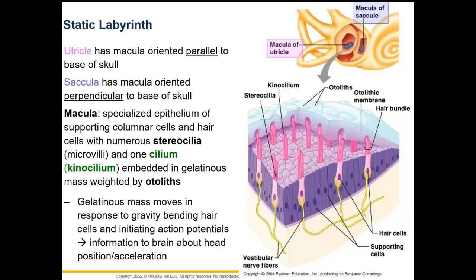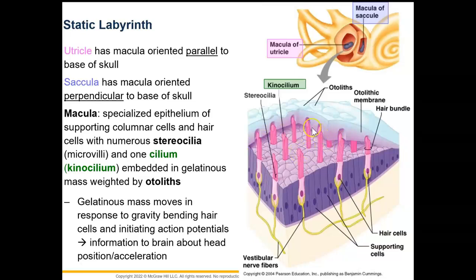A macula is going to be specialized epithelium that is going to have supporting columnar cells and hair cells over here that are consisting of numerous stereocilia, which are just specialized microvilli, and we will have one cilium or kinocilium. So you can see that at the very top, it's this balloon-like structure.